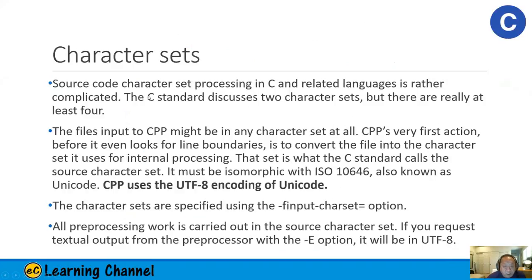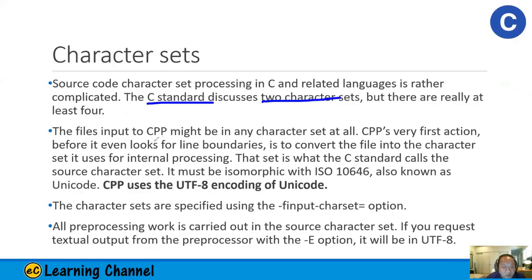Character set: source code character set processing in C and related languages is rather complicated. The C standard discusses 2 character sets, but there are really at least 4. So the character set used for the language is pretty complicated, and the standard says there are 2 character sets, but in fact there are 4.